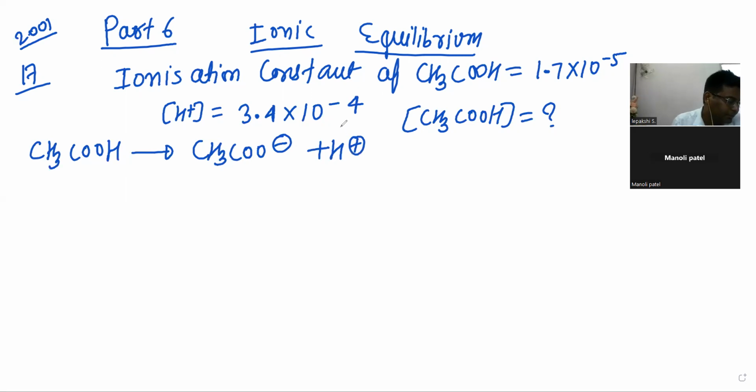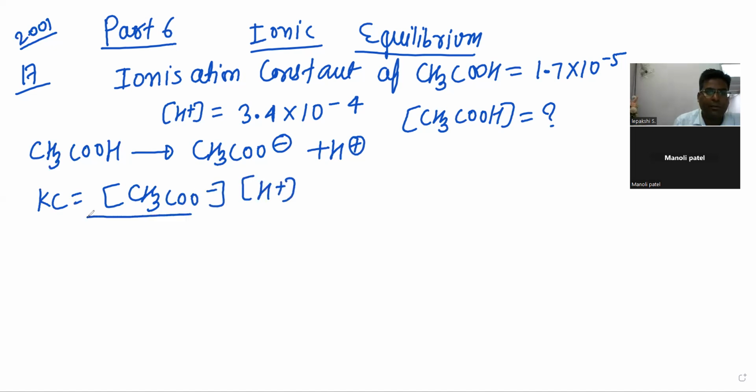Write the equilibrium constant for this reaction. So Kc is equal to concentration of CH3COO minus into concentration of H plus divided by concentration of acetic acid CH3COOH.